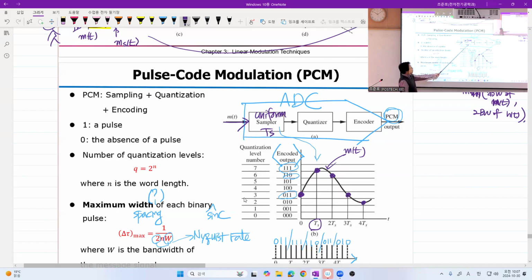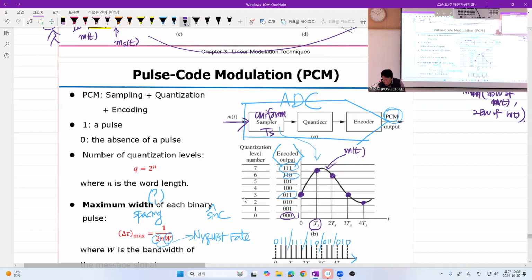And the quantizer converts this possibly real valued amplitude into usually a number from a finite set. Here, suppose we assign 3 bits, which means that we have 8 levels that would represent the analog signal.